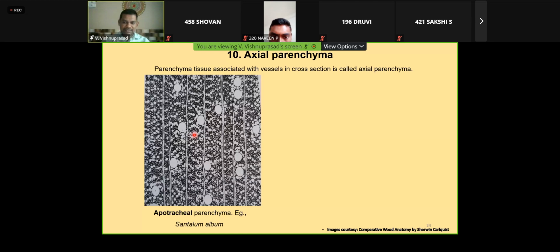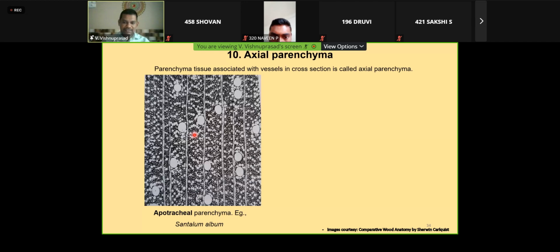There can be broader ones also. Larger rays, commonly more than 10 seriate. Such huge rays can also be found. Or there can be a different concept where uniseriate rays will have cells which are large in size, and multiseriate rays in the same wood will have cells smaller in size, so that the overall width of both rays remains more or less the same.